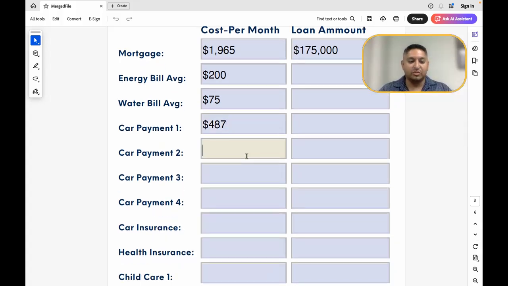Most families have two, so we'll put 487. And let's say the average balance is 15,000. With the prices nowadays on these vehicles, I know some balances can be in the $50,000, $60,000 range. So again, these are examples.